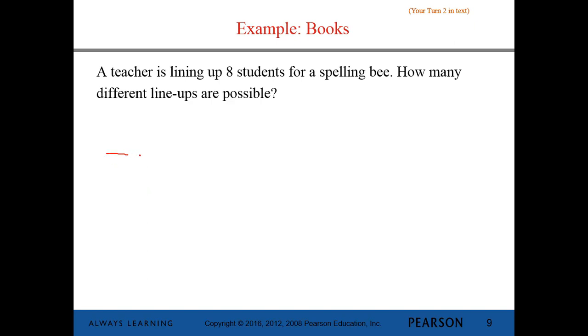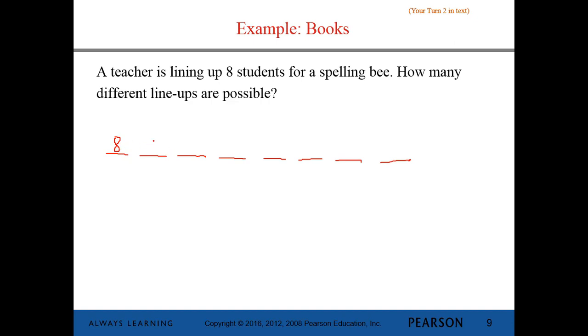So we have 1, 2, 3, 4, 5, 6, 7, 8. How many choices do we get for the first one? 8, for the spelling bee. So we choose 1 out of the 8. After we choose the first one, they can't be the second one. Once you're first, that's it. You can't be first and second.